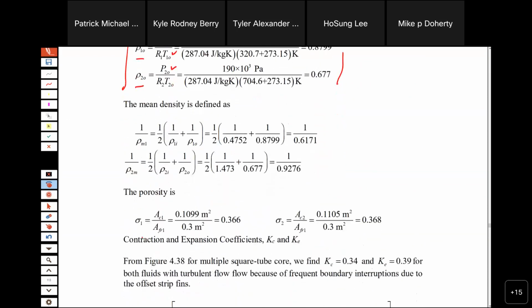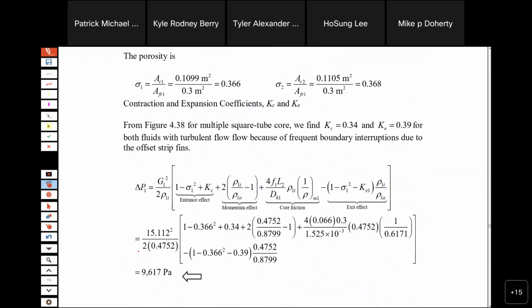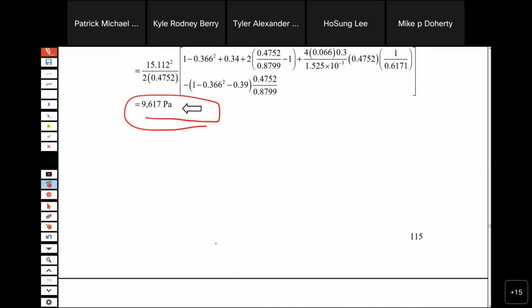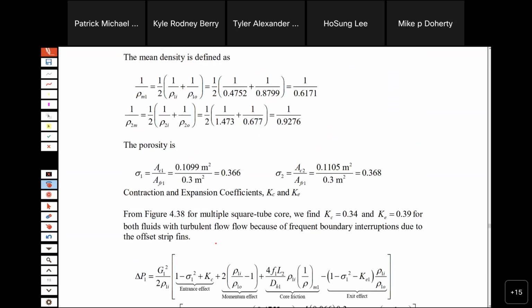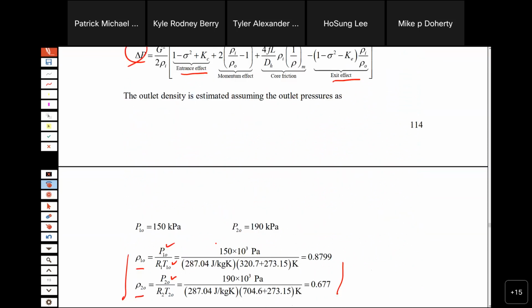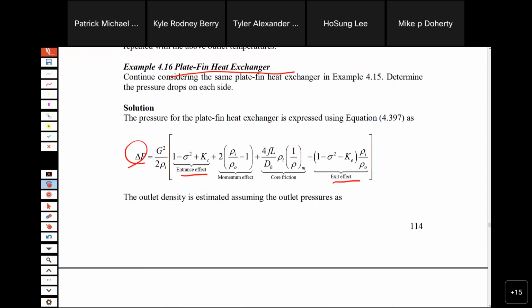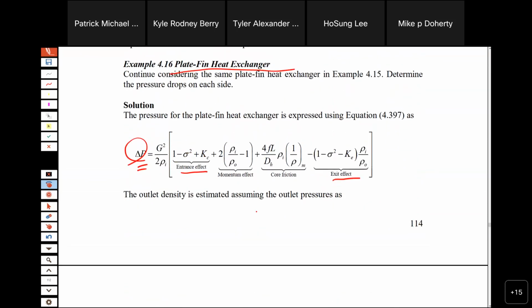So the porosity and the pressure drop, this pressure drop is so important to estimate.